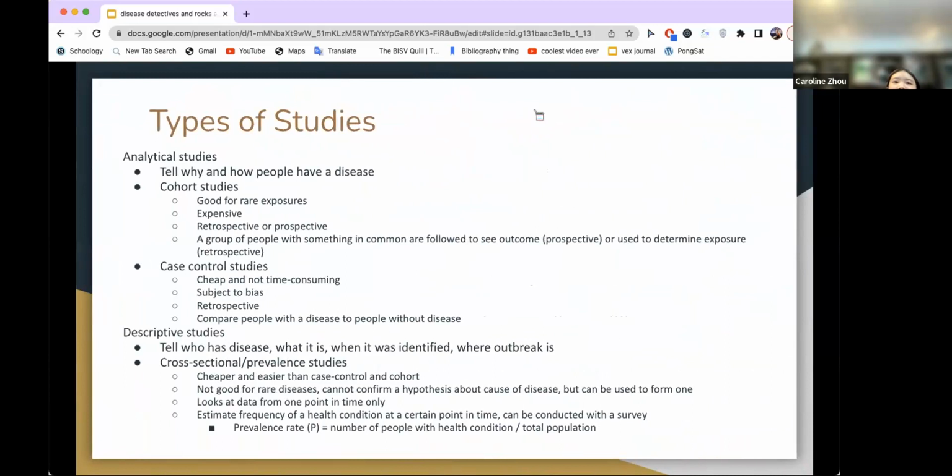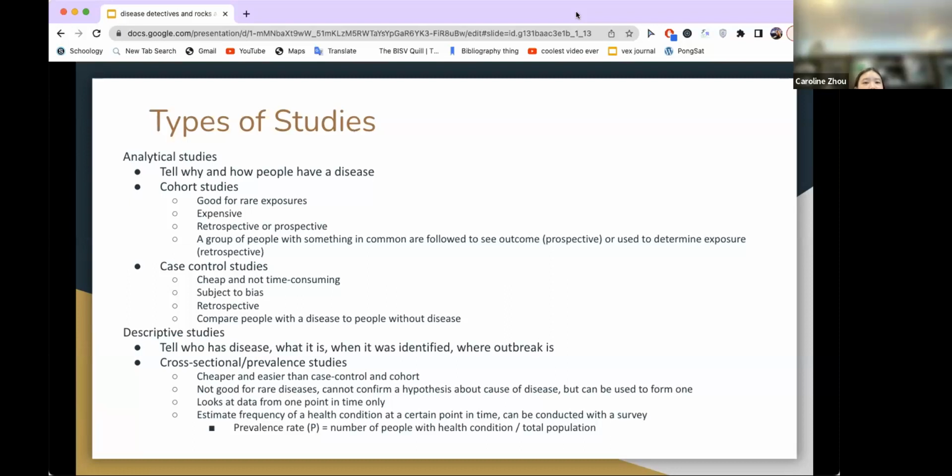So here are some types of studies. There's two types that I talked about earlier, analytical and descriptive. Analytical tells why and how people have a disease. There's two types of analytical studies.